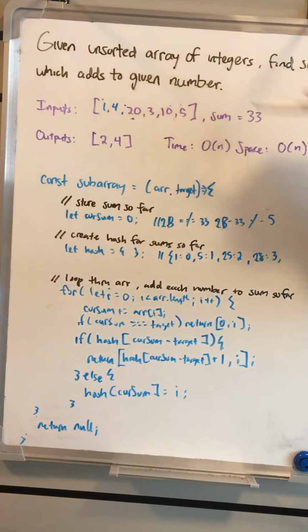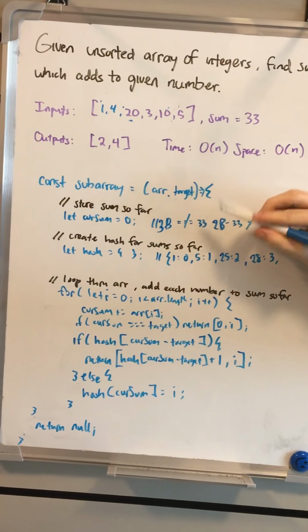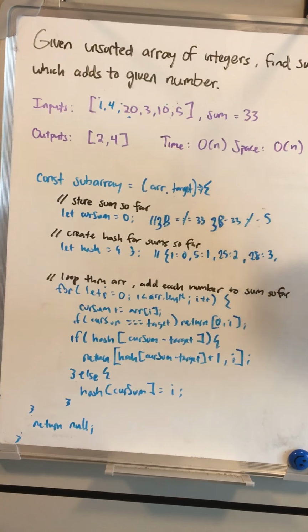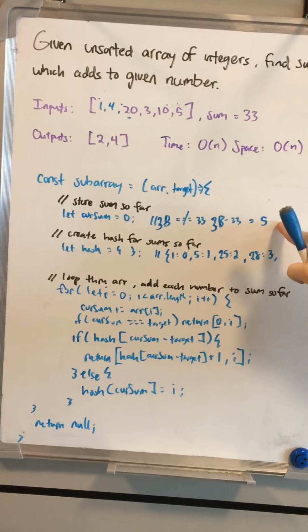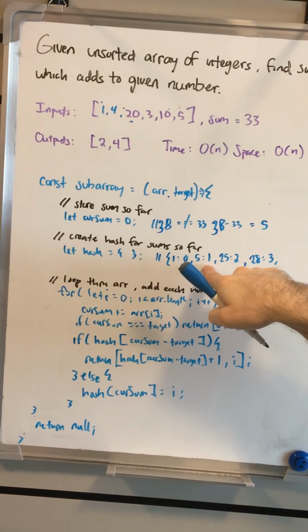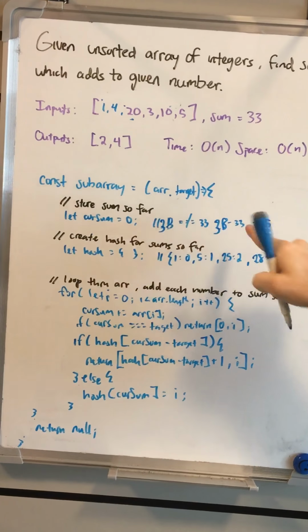We go to 10. Now it's 38. 38 is not equal to 33. 38 minus 33 gives us 5. 5 is in the hash. And we know if we take away the 5 from 38, that'll give us 33.